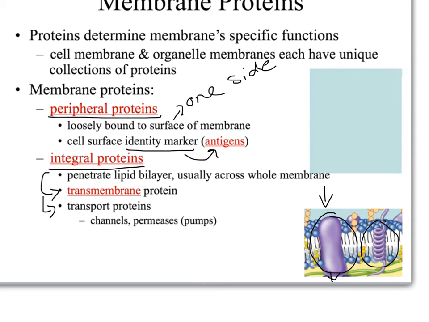And they can be channels. Sometimes they use pumps, and so this would be an active transport, so it requires ATP. Carrier proteins are transmembrane proteins as well. So lots of different types of proteins, but two main categories: peripheral proteins, which are only on one side, and integral proteins, or transmembrane proteins, that go across the whole membrane.